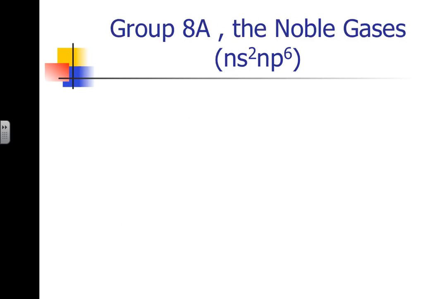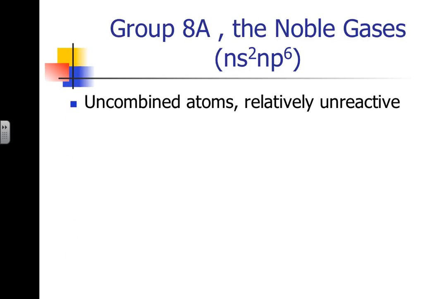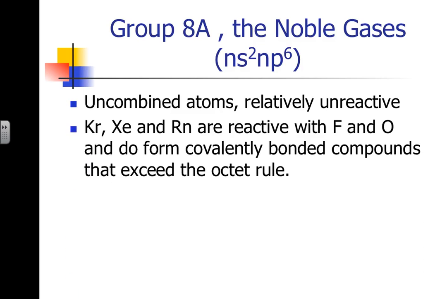And then when you move on to group 8, finally, the noble gases. These are uncombined atoms. They do not like to form chemical compounds, relatively unreactive. You will find towards the bottom of this group, especially krypton and xenon, they will form compounds, but they're all going to be covalently bonded. The ones at the top, argon, neon, helium, do not form any compounds of any sort. So yeah, there you go. Krypton, xenon, radon are reactive.